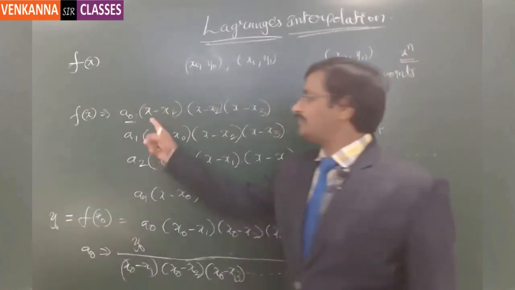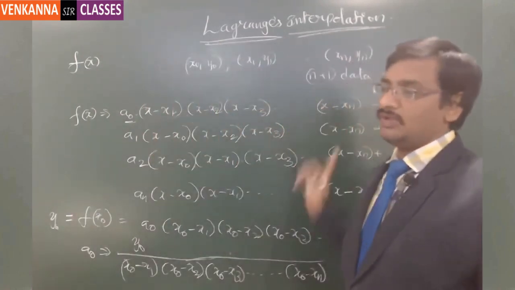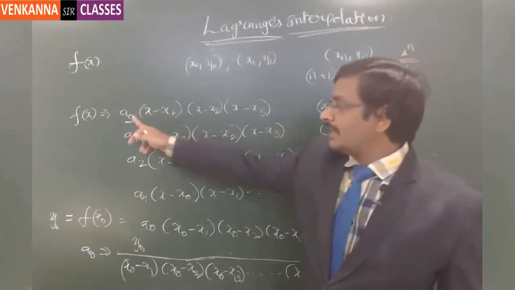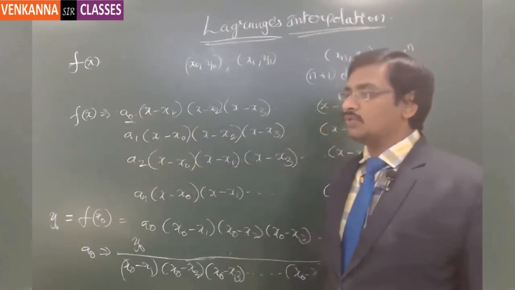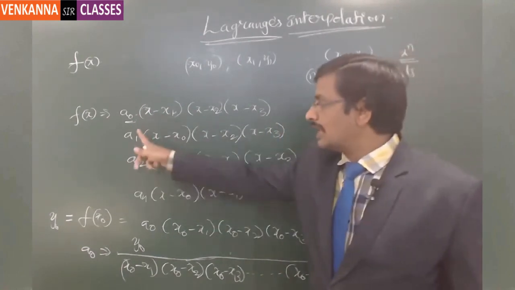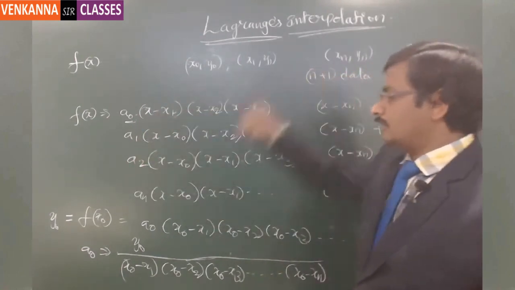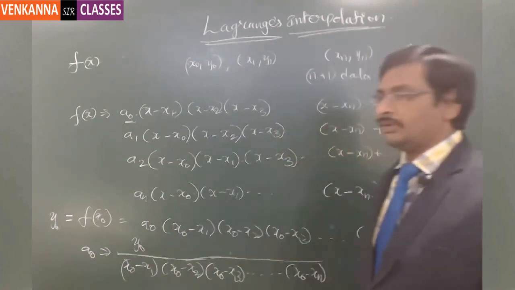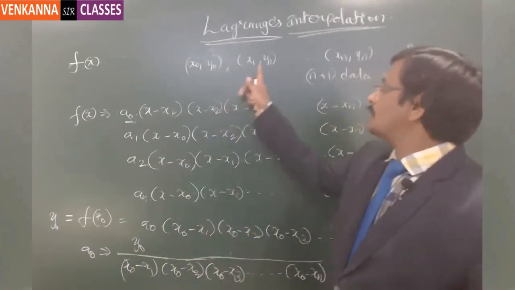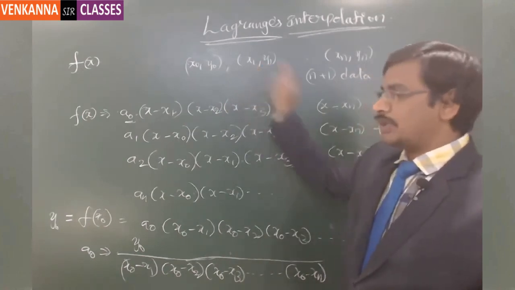This is an imaginary polynomial that we have assumed, and by calculating these unknown coefficient values from the data points, we will be able to construct a known polynomial. In the same way you can calculate a1 by substituting the second data point x1 and y1.